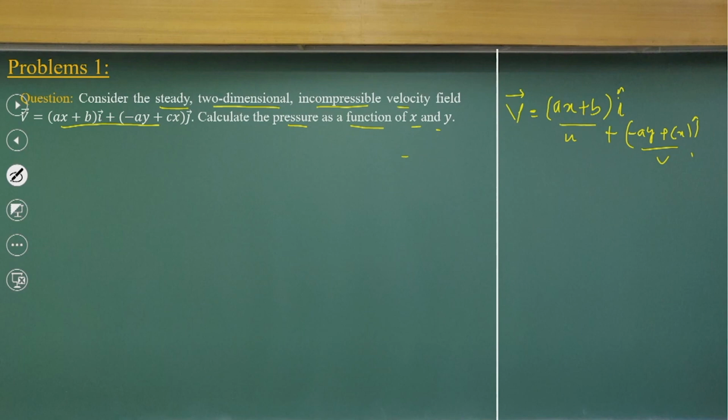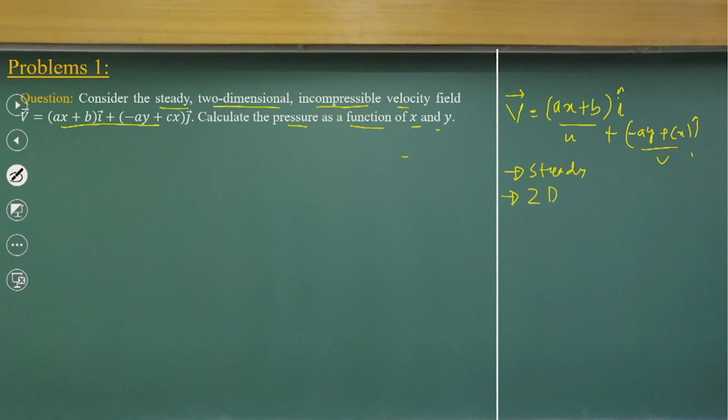You have to first check what assumptions are there. If you look, both u and v do not have any time component, so it is a steady flow. You just have to verify it. The u and v scalar components do not have a time dependency, so it is a steady flow. Also u and v are not functions of z, so the flow is two dimensional.